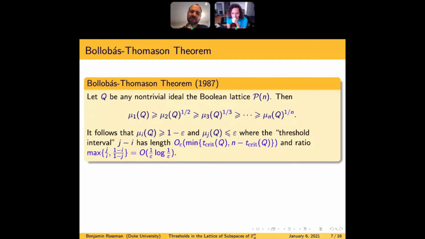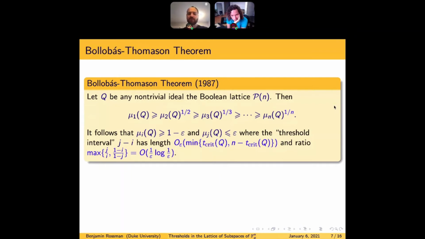So you can show this, and moreover the ratio of j over i, as well as the ratio of 1 minus i over 1 minus j, is at most 1 over epsilon log 1 over epsilon. So this is what the Bollobás-Thomason theorem says.